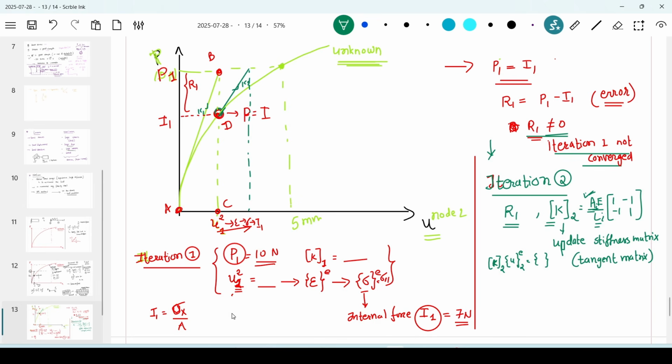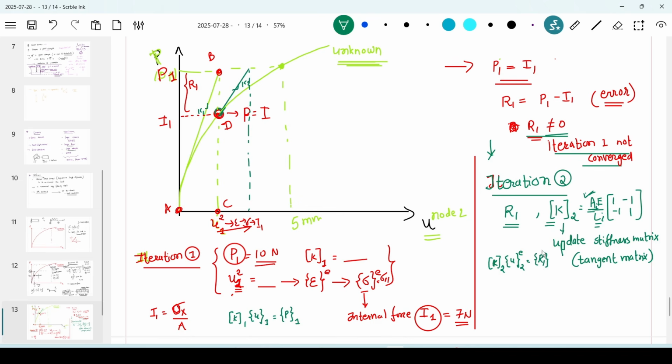Here we were saying K iteration 1 times u iteration 1 is equal to the external force in iteration 1. So what is the right hand side here? Any guess? P2. Residual. It is R1.